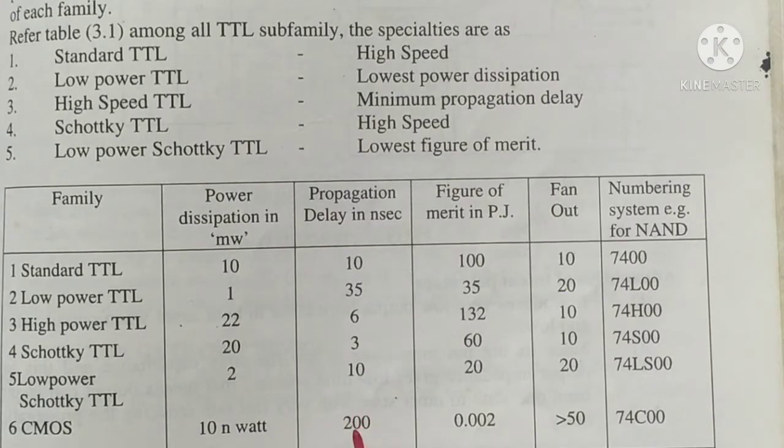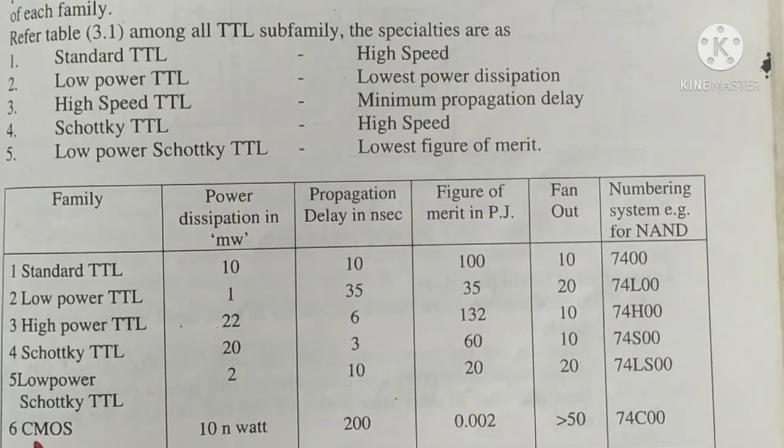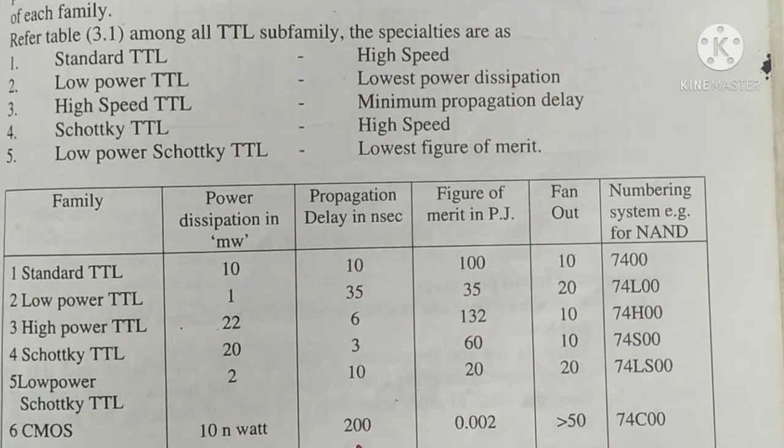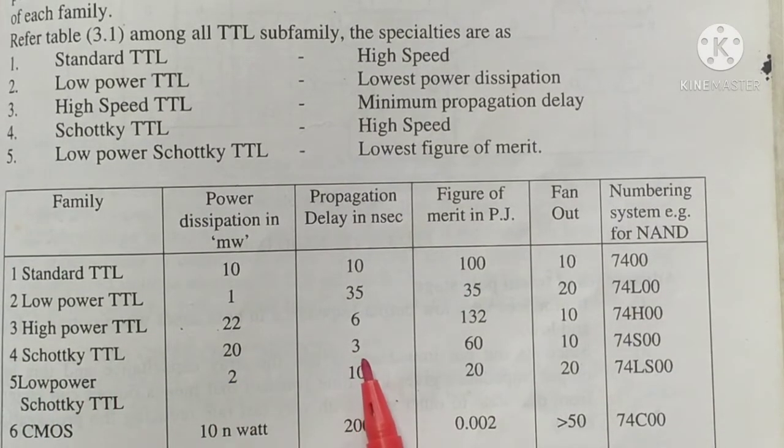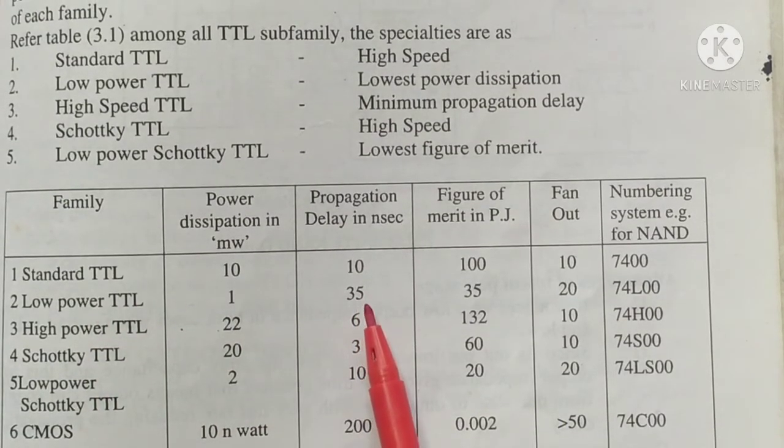But if we observe in case of propagation delay, CMOS family is about 200 nanosecond. Here Schottky TTL is about 3 nanosecond. Low power TTL about 35 nanosecond.